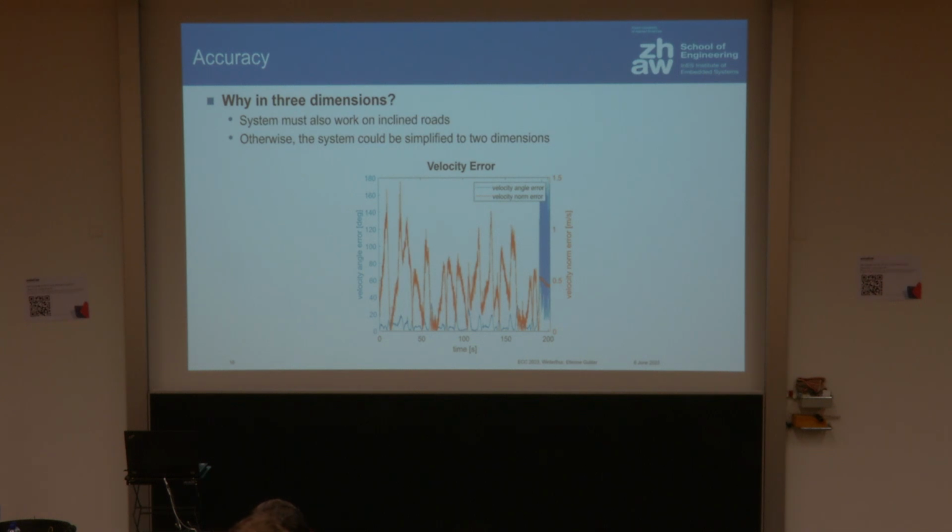The red line is the length of this velocity vector difference, and we see that we are usually around 0.5 meters per second off from what the black box measurement system tells us. And the blue line is the angle difference between the two vectors.